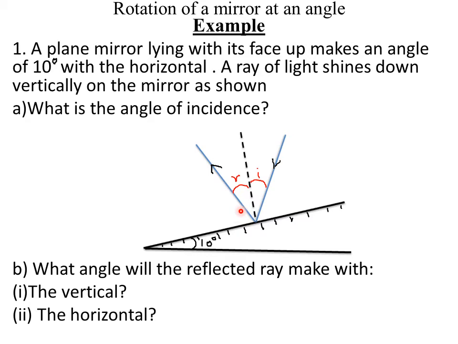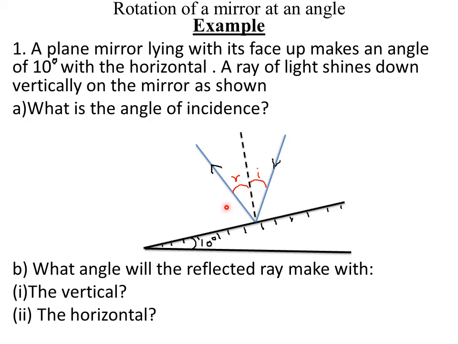to find the angle between the reflected ray and the horizontal, I will take the whole of that from the normal downwards, which is 90 degrees. Then I subtract angle r, then I also subtract the 10 degrees, because that is the angle between the horizontal and the reflecting surface. Remember, 90 degrees is coming from the angle between the normal and the reflecting surface.